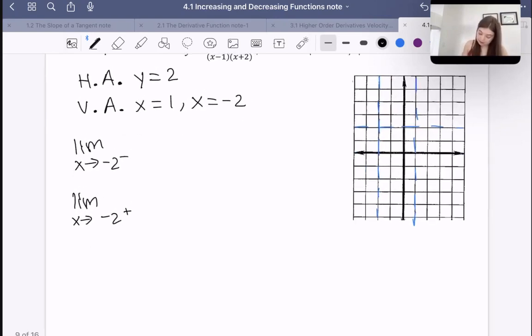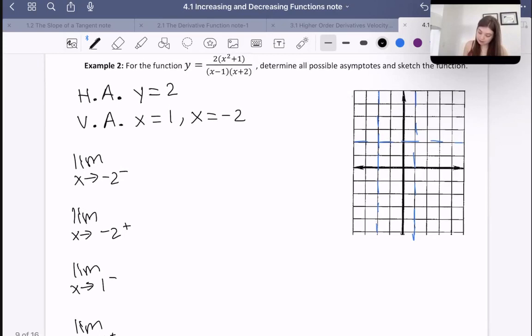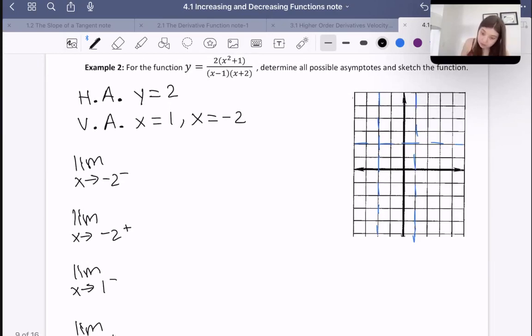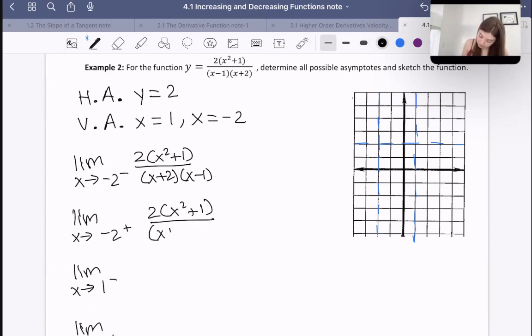I also need to find the limit as x approaches 1 from the left, and also the limit as x approaches 1 from the right. Okay? So we have 2x squared plus 1 over x plus 2 times x minus 1.